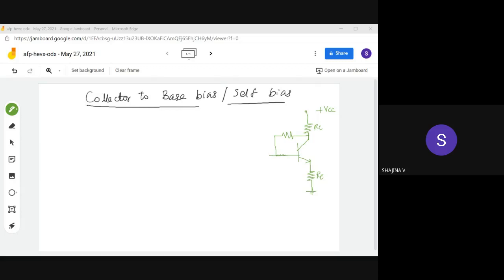Through RC, the current is IC plus IB, so IC plus IB flows in this direction and IC goes to the collector terminal. So these are the currents and voltages, and here let it be VBE.